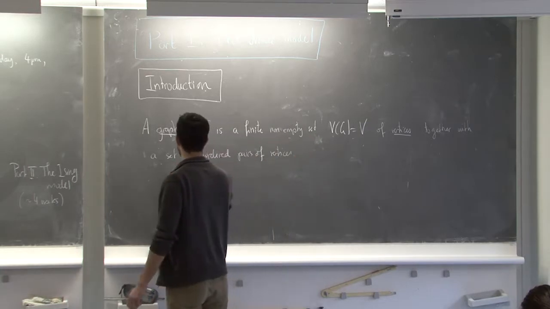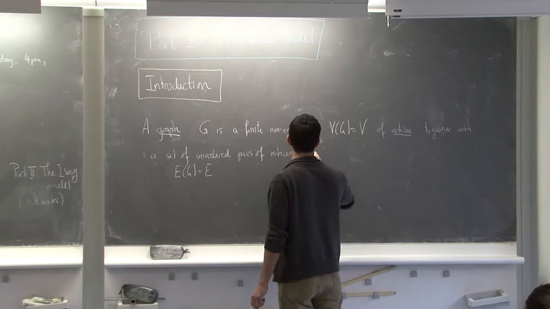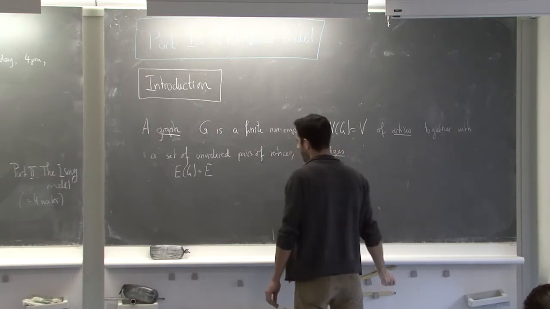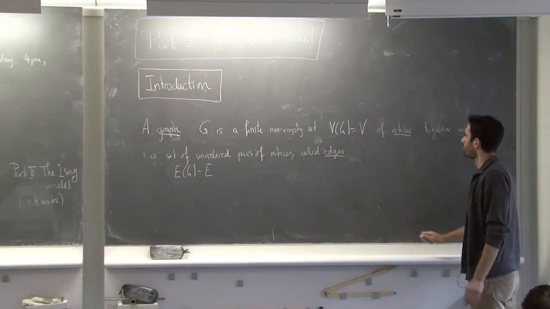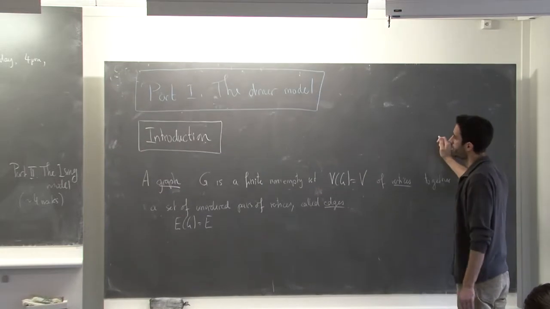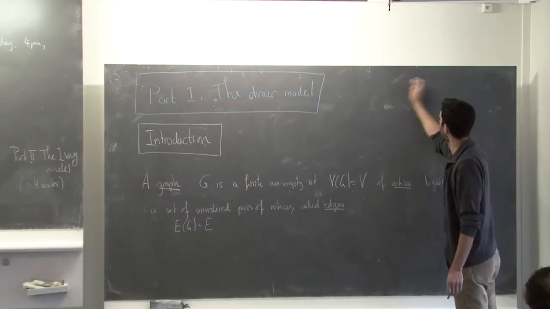This set will be E, called edges. And so let me draw one geometric realization of a graph.